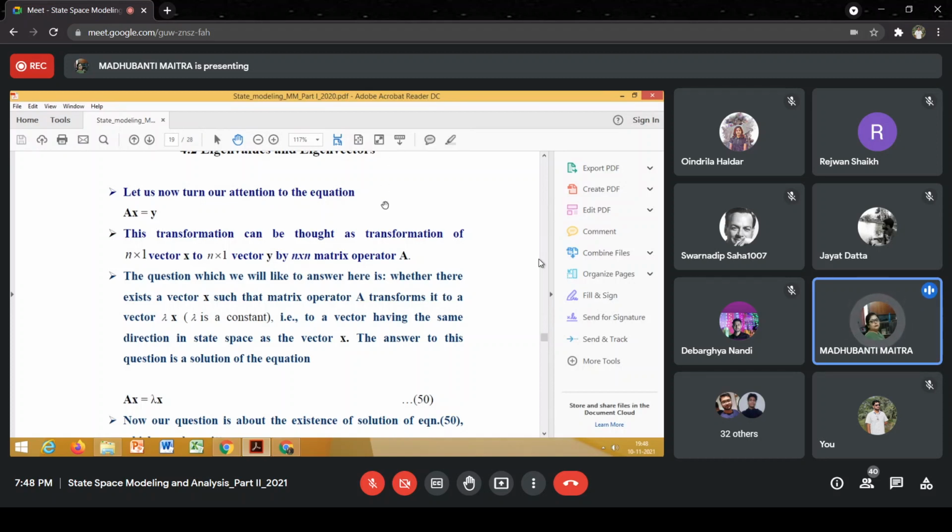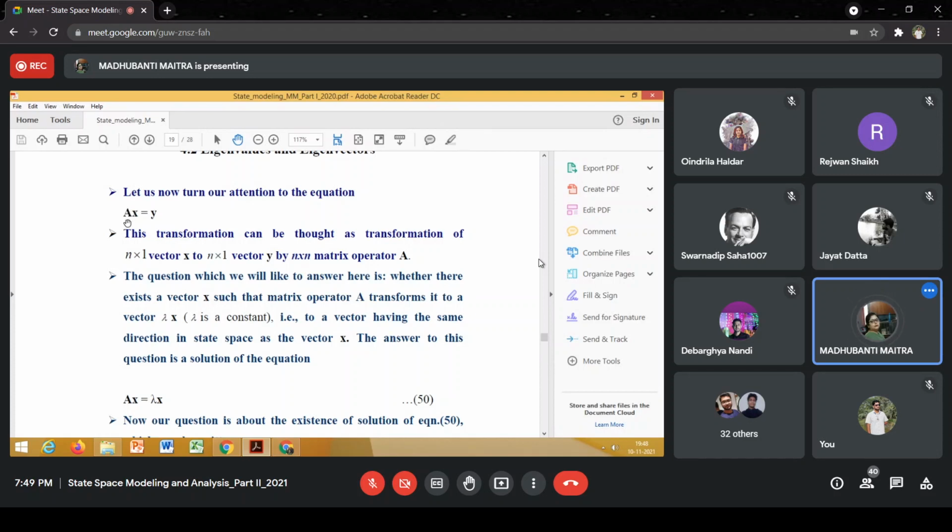So in the n-dimensional state space, I am trying to show you a 3-dimensional state space. We can generalize that concept and conceive an n-dimensional state space, x1, x2, x3, xn, right? So in that state space, x is a state vector, y is a vector, and A is a matrix having a dimension n by n.